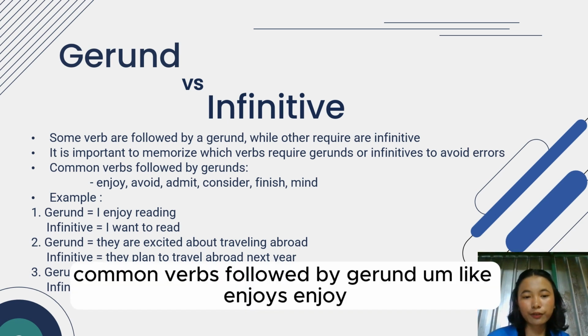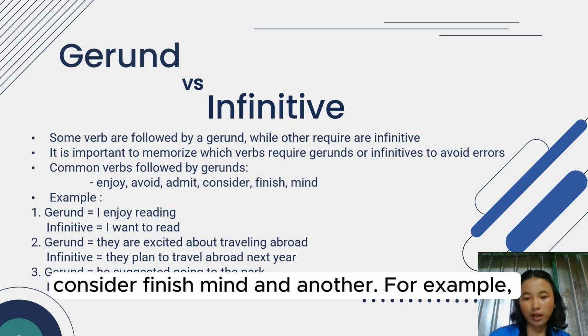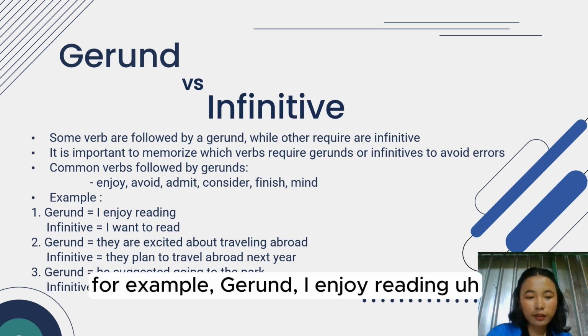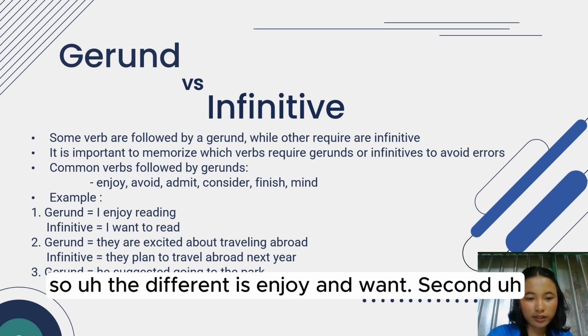Common verbs followed by gerunds are enjoy, avoid, admit, consider, finish, mind, and others. For example, the gerund: "I enjoy reading." The infinitive sentence: "I want to read." So the difference is enjoy and want.